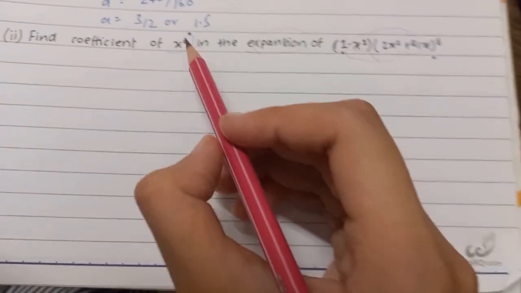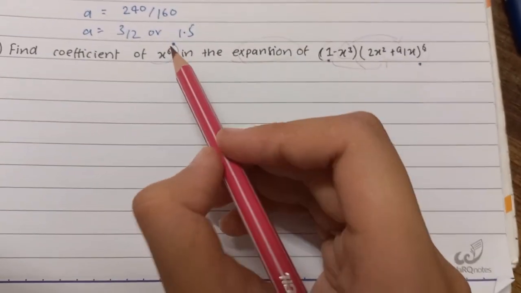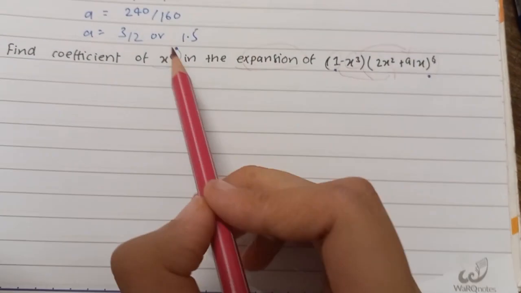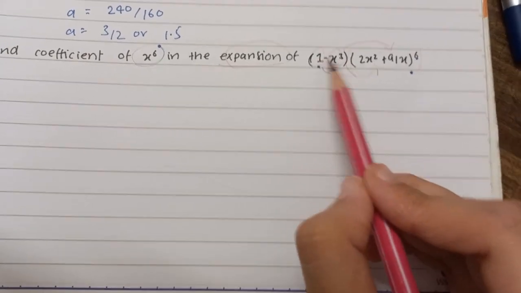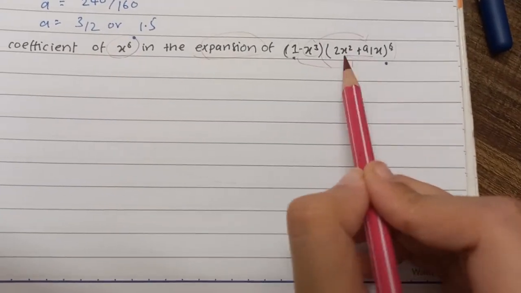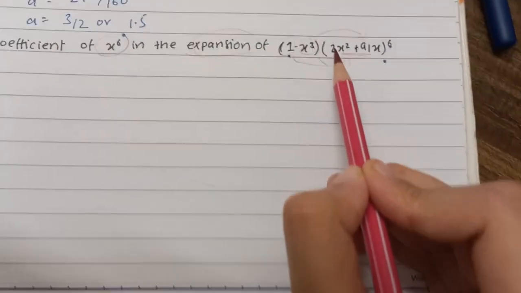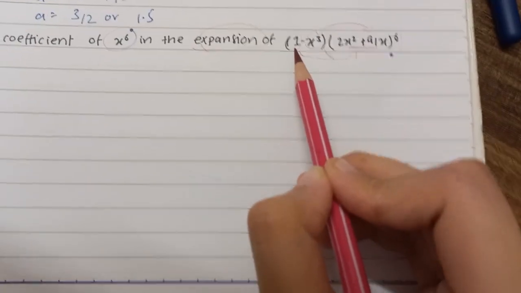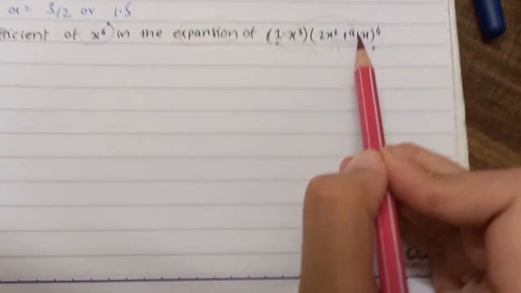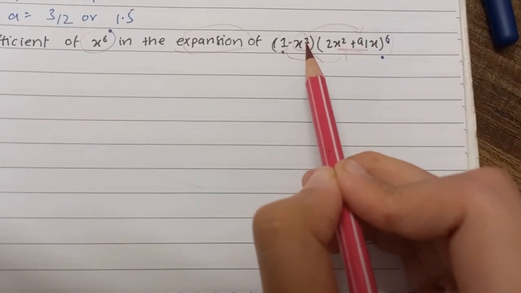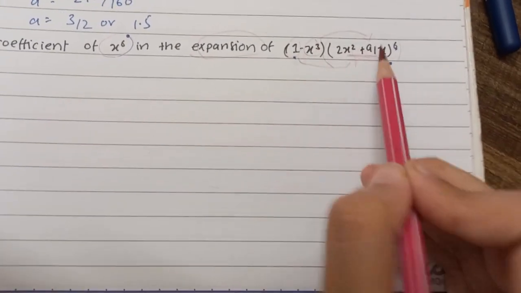Since we want the coefficient of x raised to the power 6, one of our values while opening this bracket should be x raised to the power 6, because when we multiply it by 1 it's going to remain the same, and the other one should be x raised to the power 3, so that when we multiply it with minus x³ we get x raised to the power 6 after multiplication.